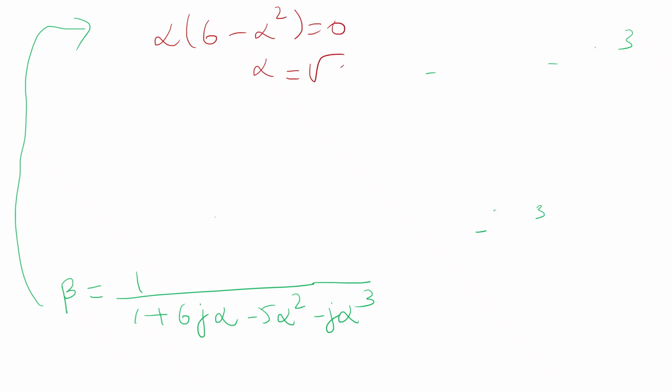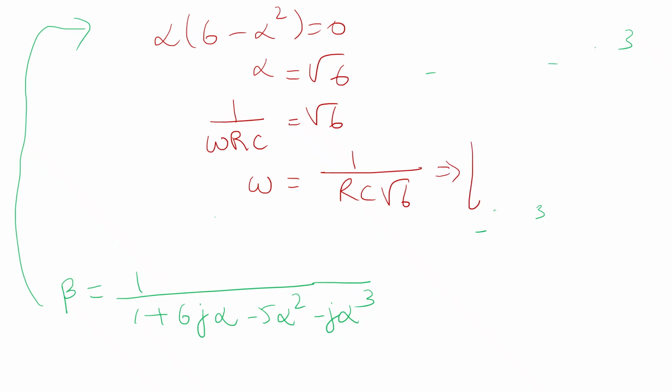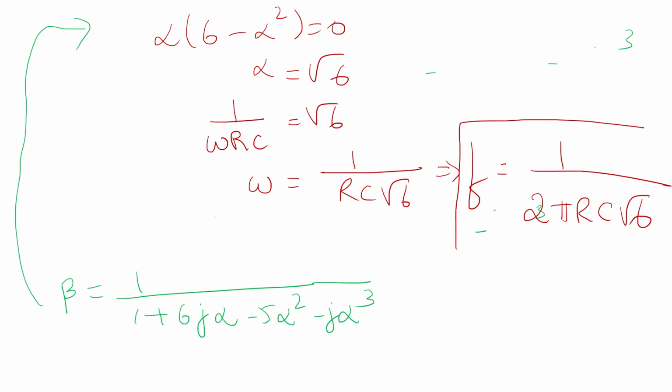Alpha is equal to root 6. Therefore, 1 by omega RC is equal to root 6, and omega is equal to 1 by RC root 6, and f is equal to 1 by 2 pi RC root 6. This is the expected frequency of the RC phase shift oscillator.